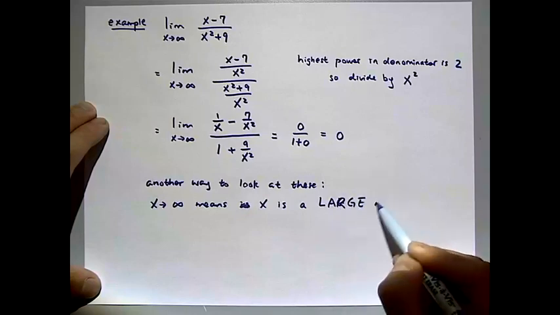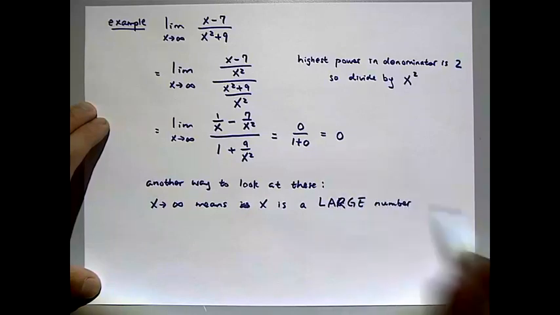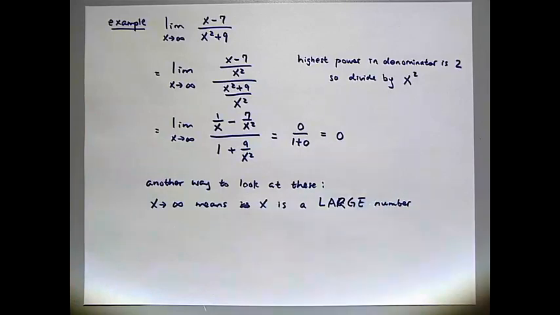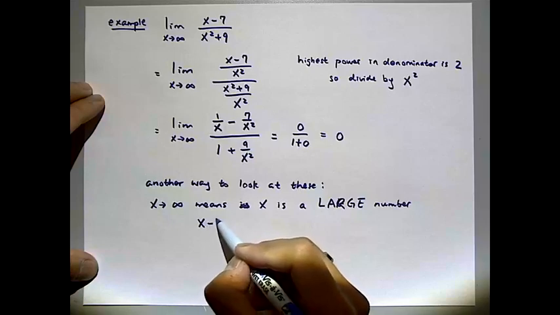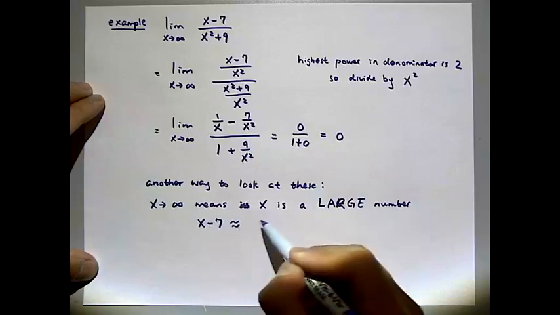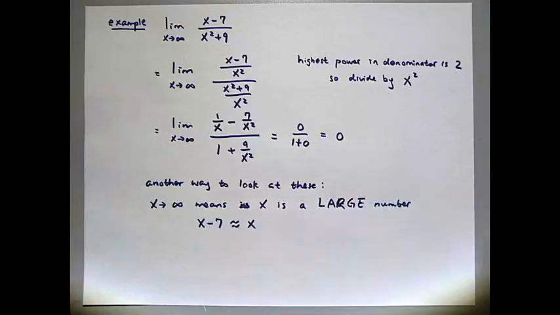Think of a very, very large number, 10 trillion. Okay? What's 10 trillion minus 7? Roughly 10 trillion, right? Yeah, exactly. So 10 trillion minus 7 is still roughly 10 trillion. That minus 7 really is irrelevant in the big picture here.